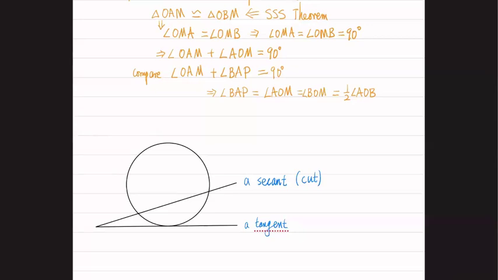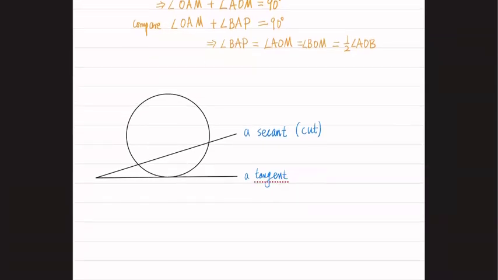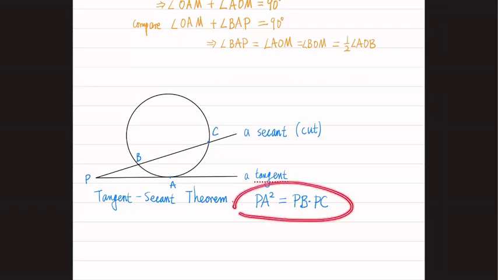Then the tangent-secant theorem. We call this P. This tangent point A, to intersecting points B and C. To show why they are the same, again, we will convert this to quotients.